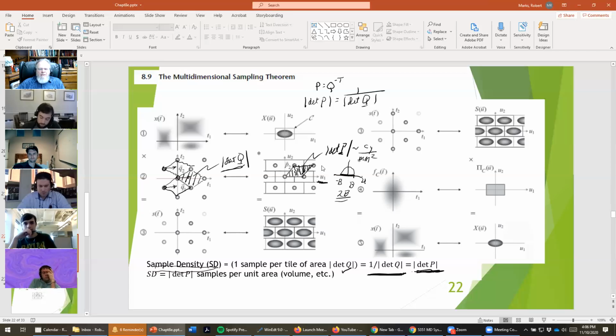And under what constraint? That we don't have aliasing, that we don't have the overlap of the image replications. Because if there is overlap, you have aliasing, and that's no fun at all.